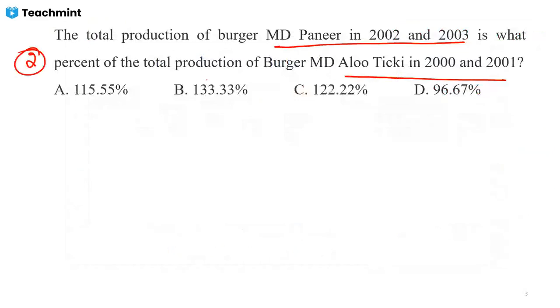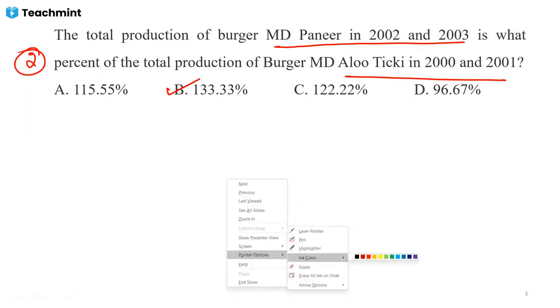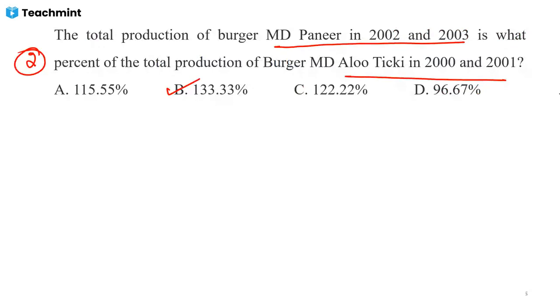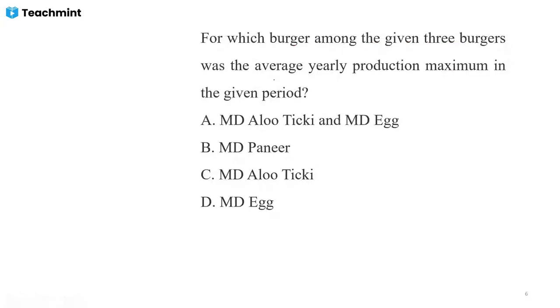See, percentage is not maximum 100, you can get 2000 percentage, 3000 percentage also. Don't think the maximum percentage is 100, not like that. It is 133.33 percent.